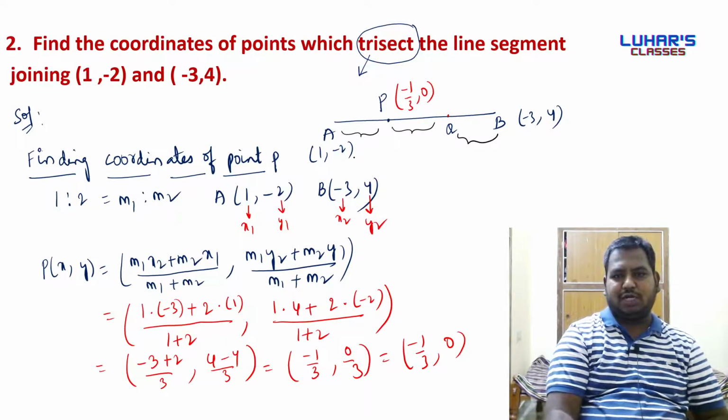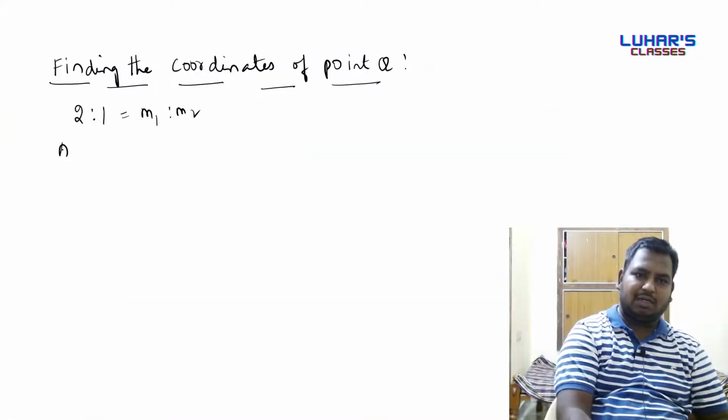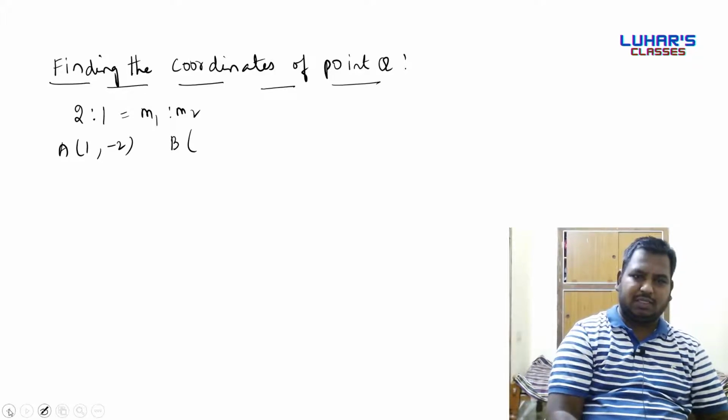Now we have the coordinates of A and B. Coordinates of A are (1, -2) and the coordinates of B are (-3, 4).